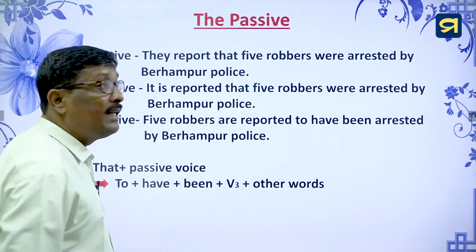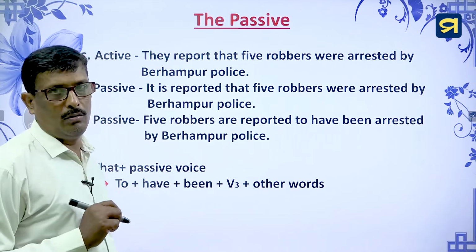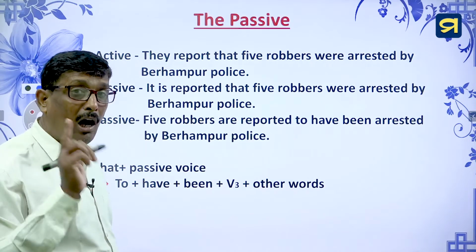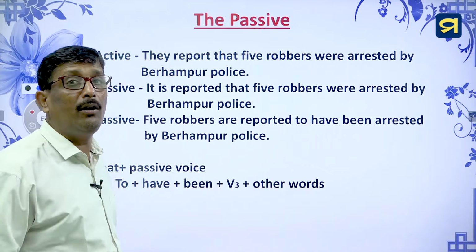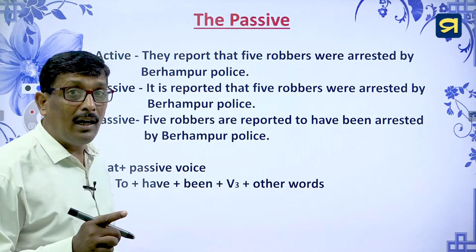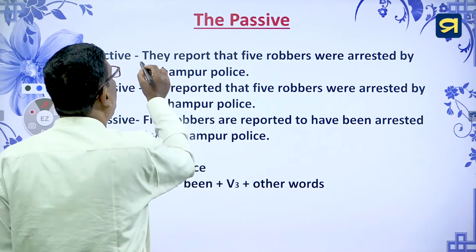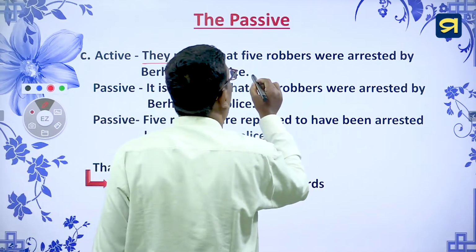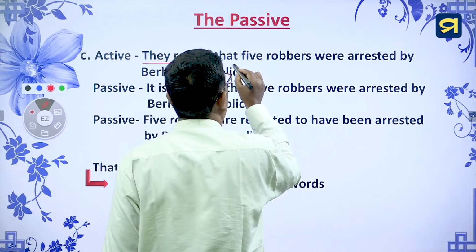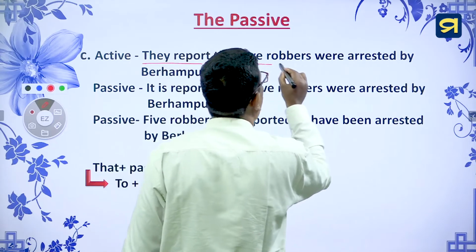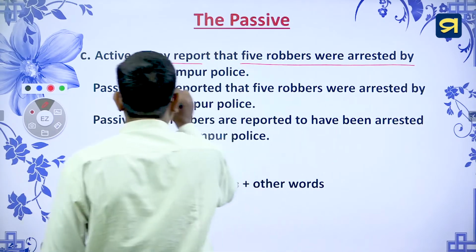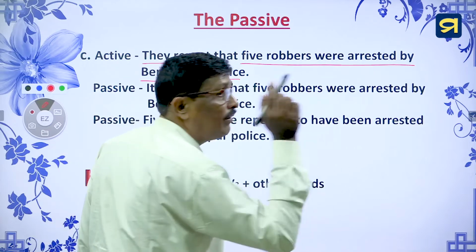Dear students, there is another rule: how to change from active voice to passive voice when that clause has passive voice. They report that 5 robbers were arrested by Berhampur police. Dear students, 5 robbers were arrested by Berhampur police is in passive voice.